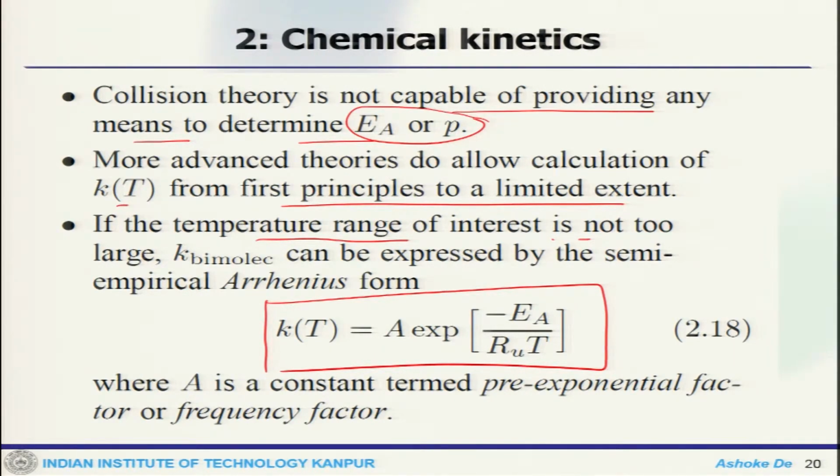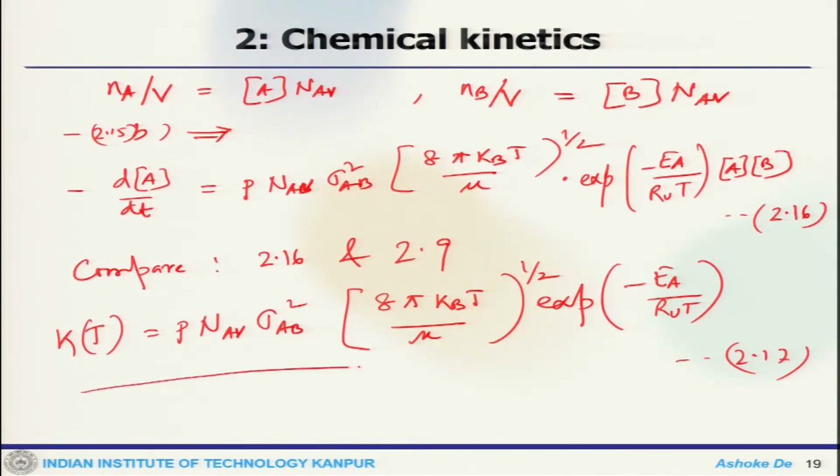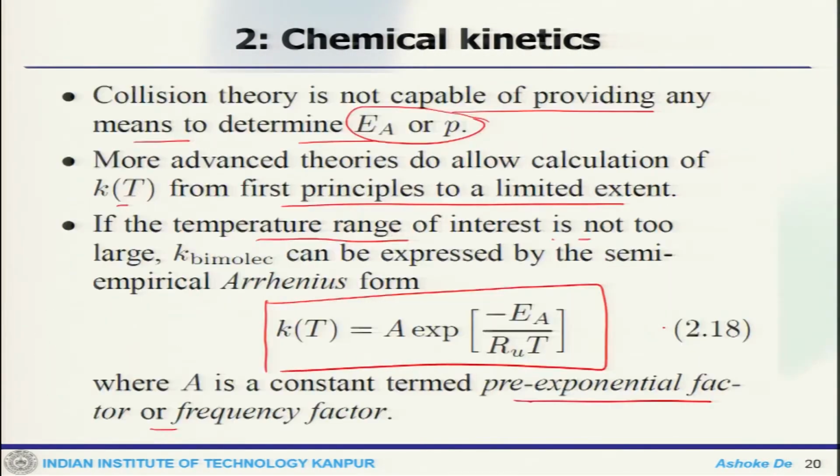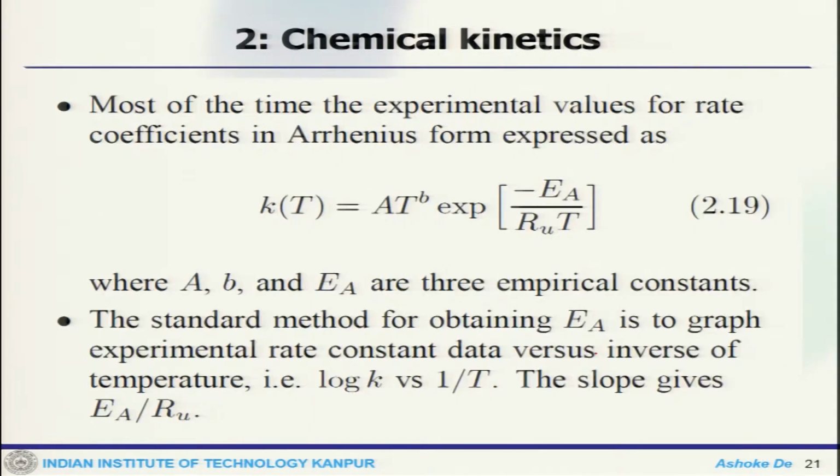Different books actually use different terminology. So, what essentially you get to see is that the big expression of 2.17, for a particular range of interest, reduces to an Arrhenius expression which looks much more simplified. If you have an idea about combustion or the basics of combustion, in reaction kinetics we talk about the Arrhenius expression, but it comes from this basis.